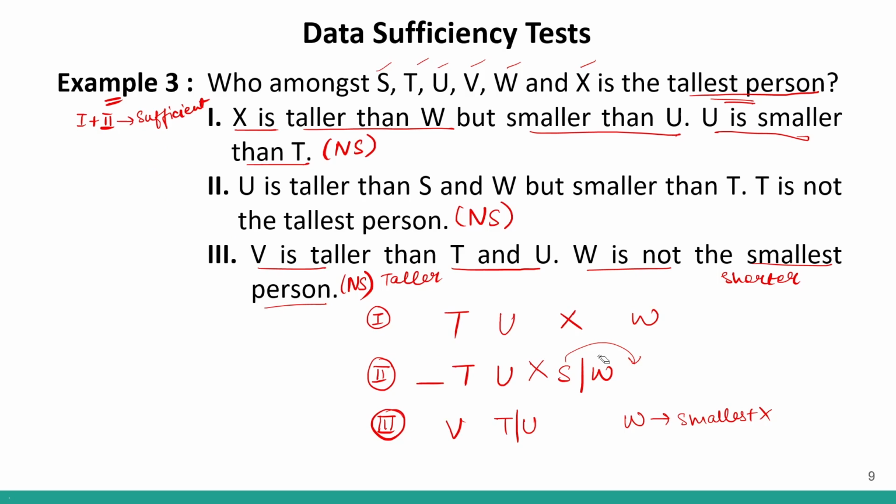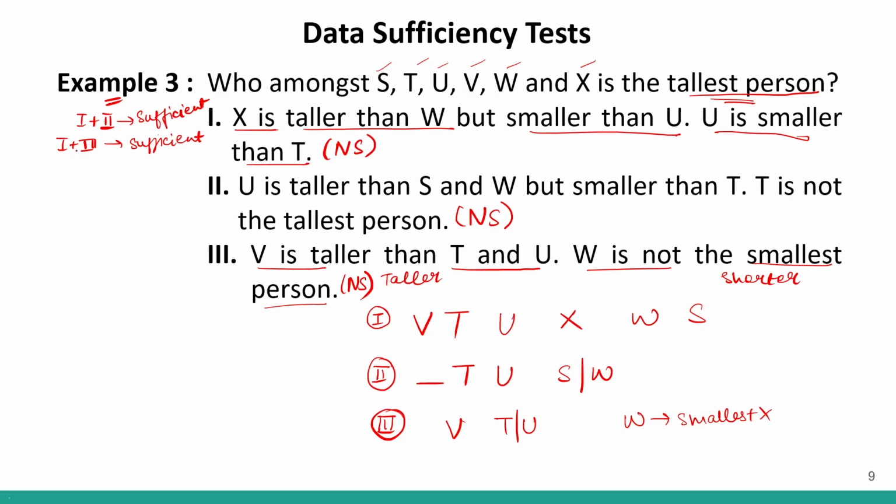Now, let us look at option 1 and 3. Statements 1 and 3 tell us that V is the tallest and W is not the smallest, so S will be the smallest. So 1 and 3 are also sufficient to answer the question. Correct?